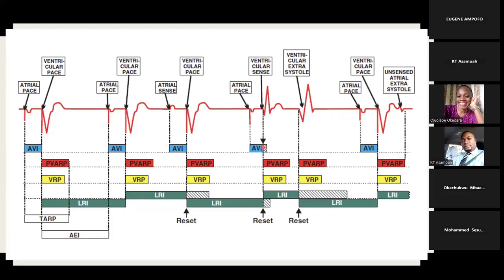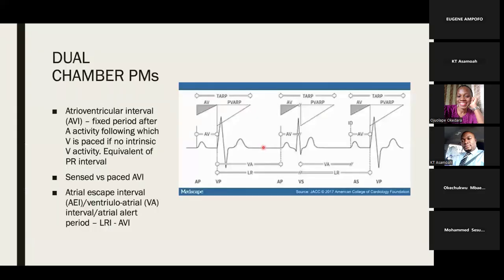Inhibition means that when the ventricular lead perceives ventricular activity, it will inhibit the pacemaker from attempting to capture. But when the atrium senses, it will trigger the timer to end up in ventricular depolarization. And so that is what the D in the third alphabet spot means.